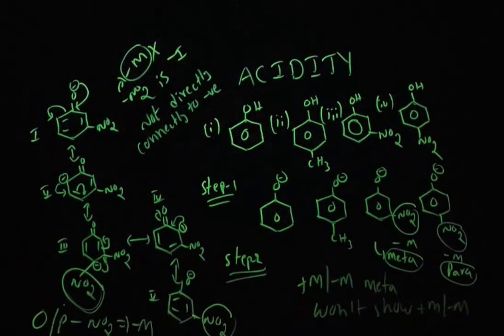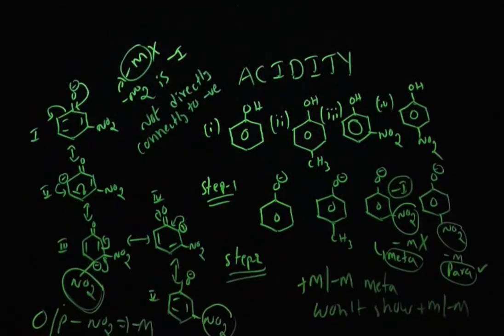They will show plus M or minus M effect only if the group is connected at ortho or para positions. You can see in option C, it is connected at para position, meaning here NO2 will show a minus M effect. But in option 3, the NO2 group is at meta position, meaning it won't show a minus M effect. Here the NO2 group will show a minus I effect.